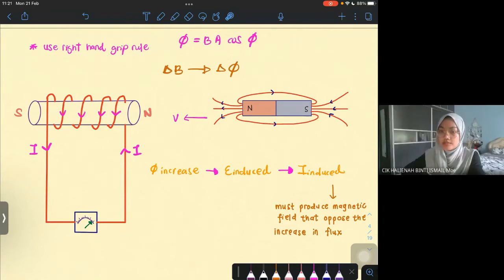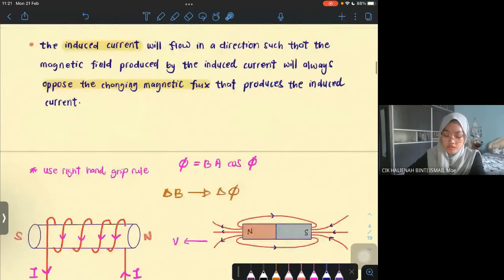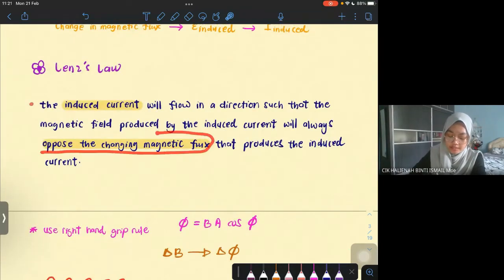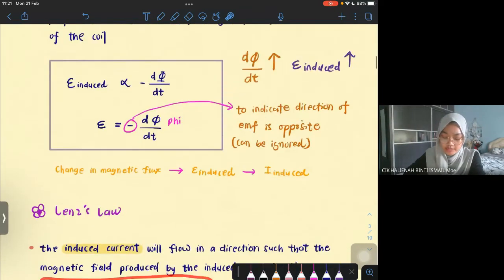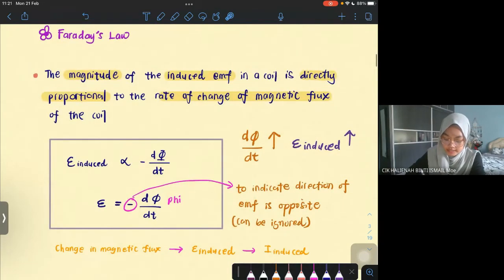Okay, so since Lenz's law says it must oppose the changing of the magnetic flux, that's why in Faraday's law we have a negative value here, a negative sign. So this negative sign is just to indicate that the direction of the EMF is to oppose that change. But in calculation, we can just ignore this negative sign.